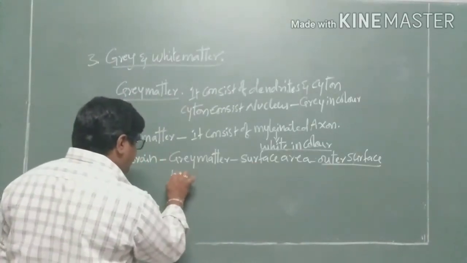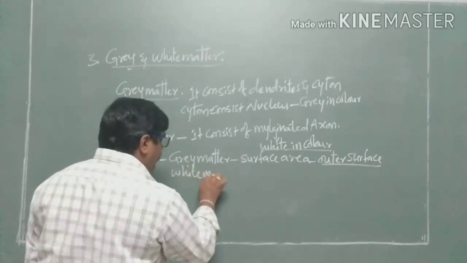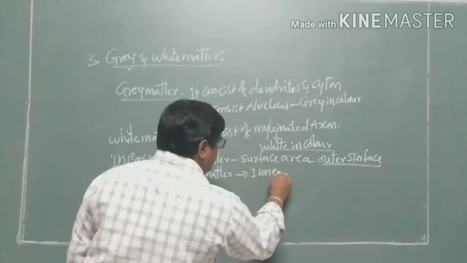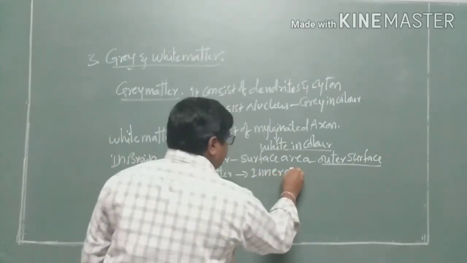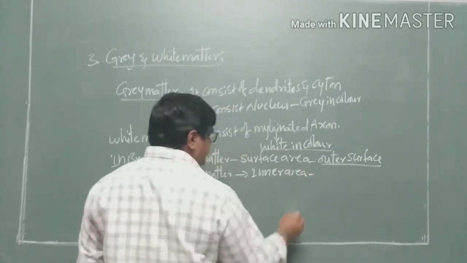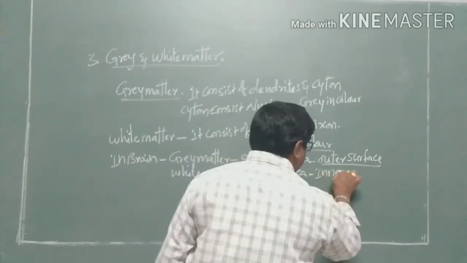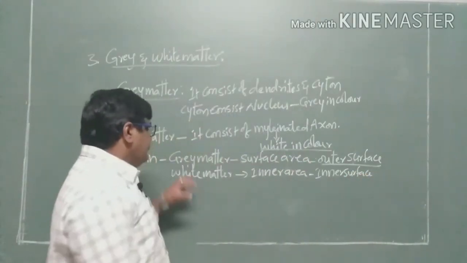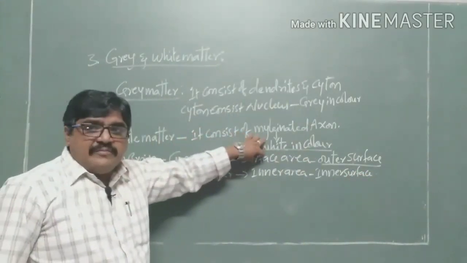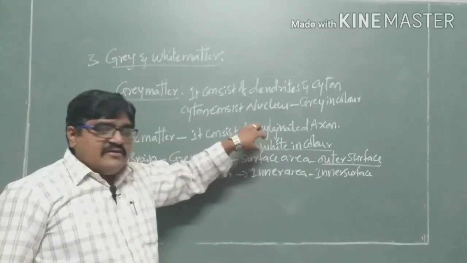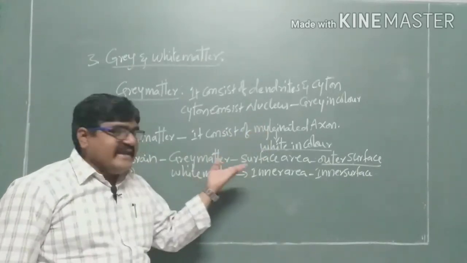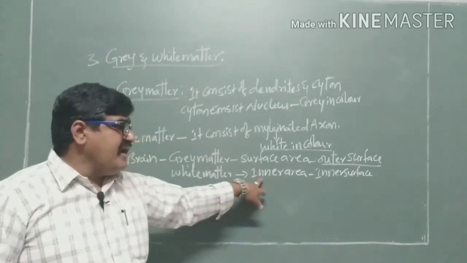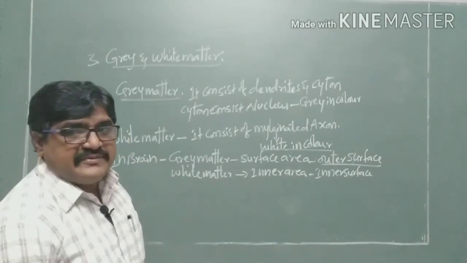And the white matter is in the inner cover. White matter is an inner surface. It is present in the inner area. So here in the brain, the gray matter occupies the surface area or outer surface, and the white matter is present in the inner surface.